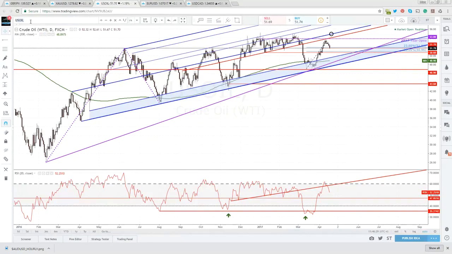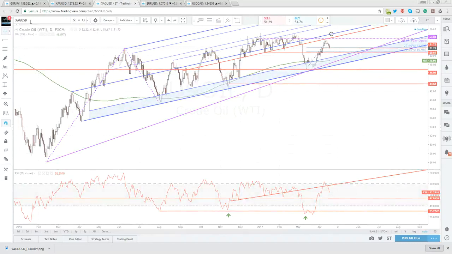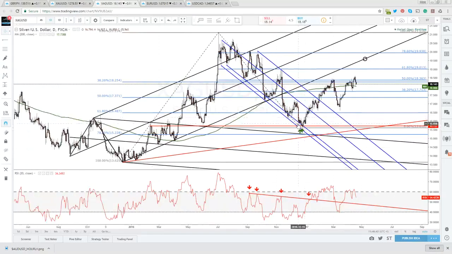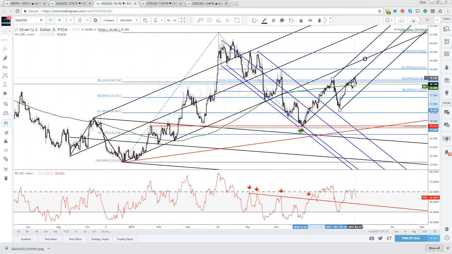Okay, oil. Let's have a quick look at silver. 200 again. And I do think we're bound to test this fork again. I could probably draw a fork here. Let's try. This is not really a good level, but I would watch this. Look at how it trades around the median line.